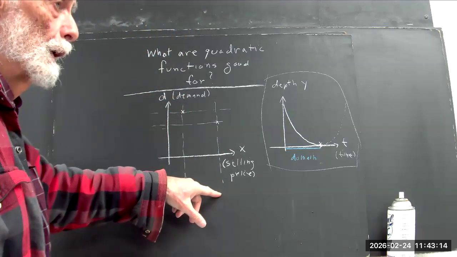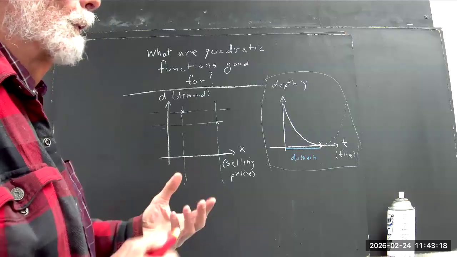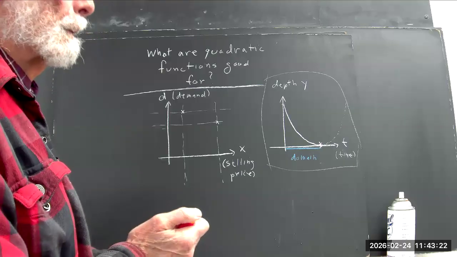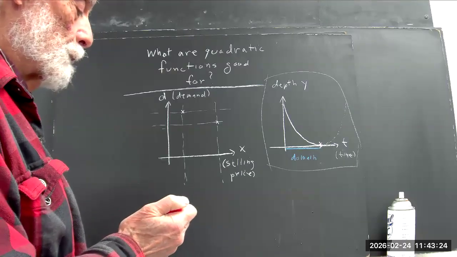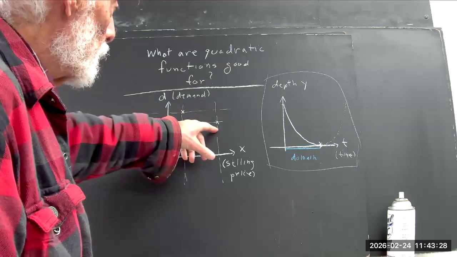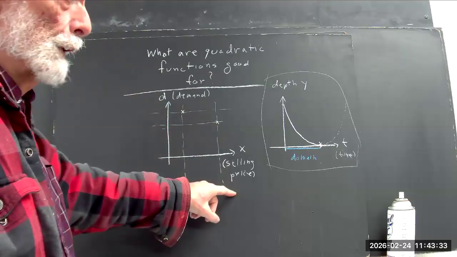As the selling price goes up, the demand goes down because fewer people can afford it, fewer people think it's worth the price. Maybe there's a competitor and they suddenly find that they can get it cheaper from some competitor. So it makes sense that demand should go down with selling price.